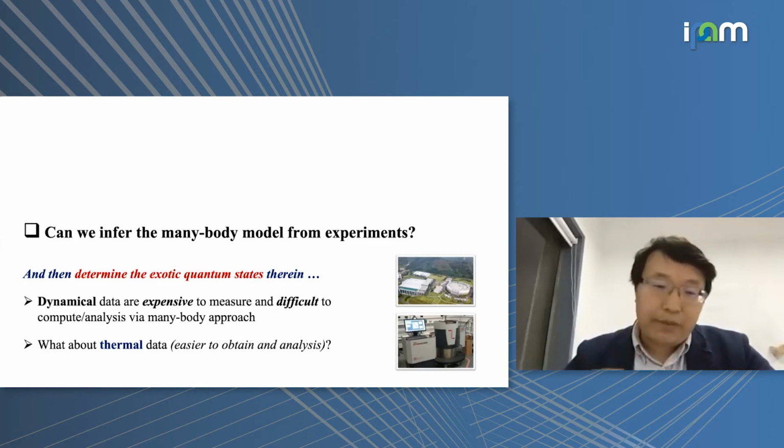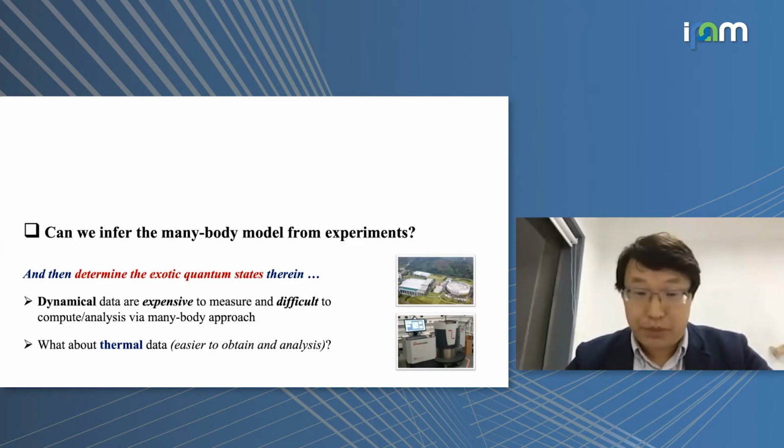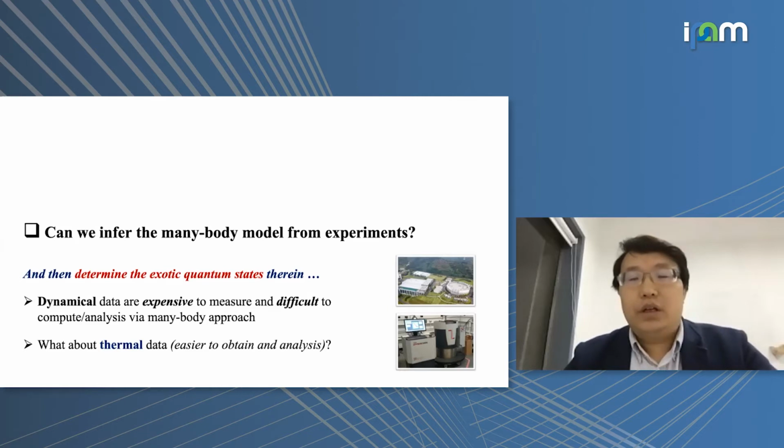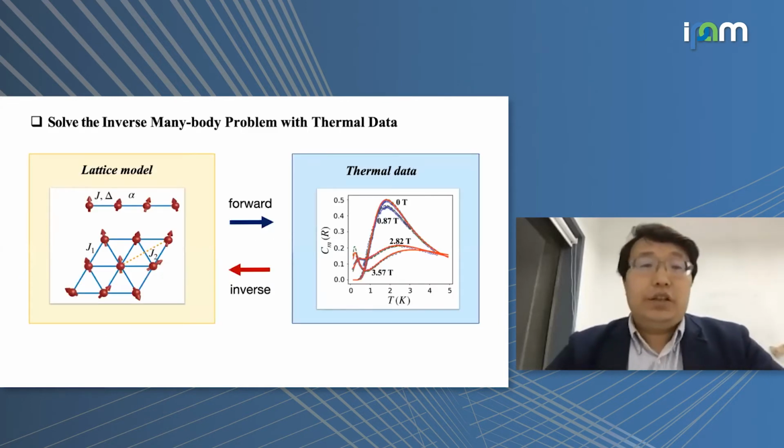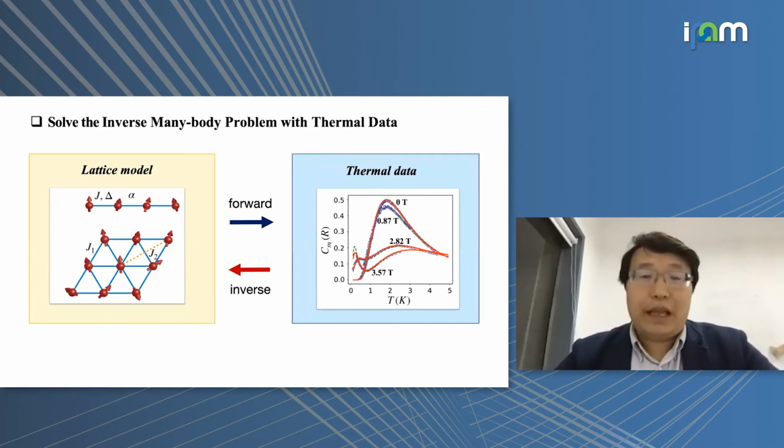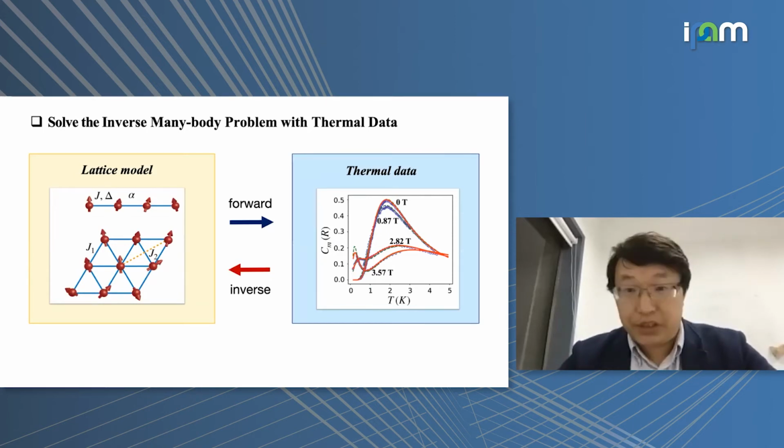So if we can make the most of the thermal data, can we actually pinpoint the spin model of the intriguing fluctuating quantum magnets, these quantum spin liquid candidates? Is that possible? We would like to propose that this can be done. Okay, this task can be done.